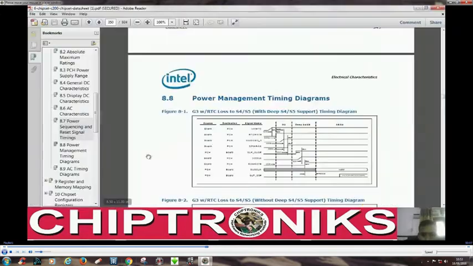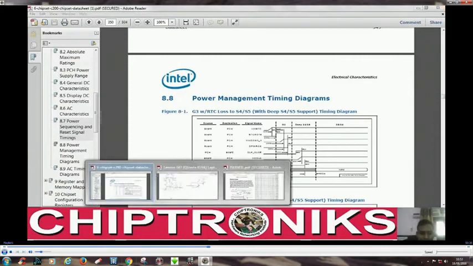Now we have already studied deep power OK and SLP_SUS. Now we'll study how VCC_SUS is generated. As you can see in our previous class, VCC_SUS comprises many suspend voltages, and we'll see how all the suspend voltages are generated. After generation of all suspend voltages, the IO controller will generate RSM reset.